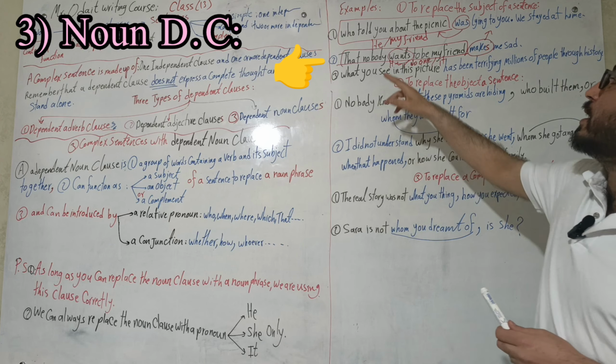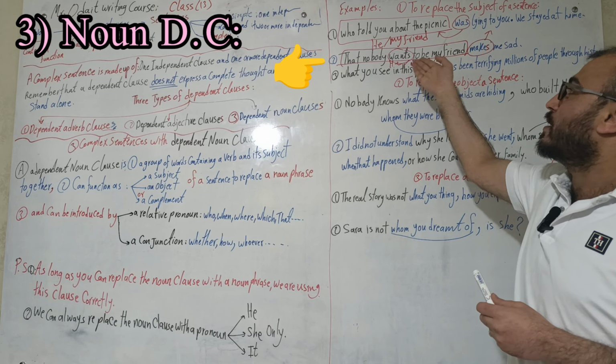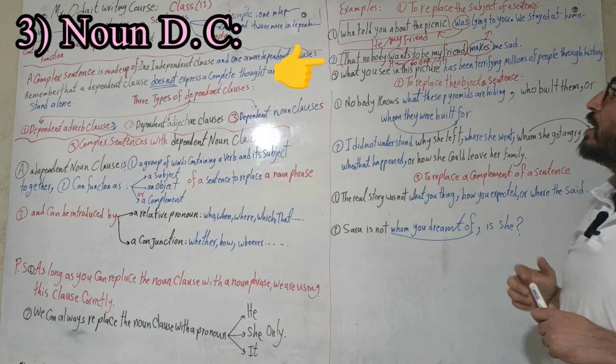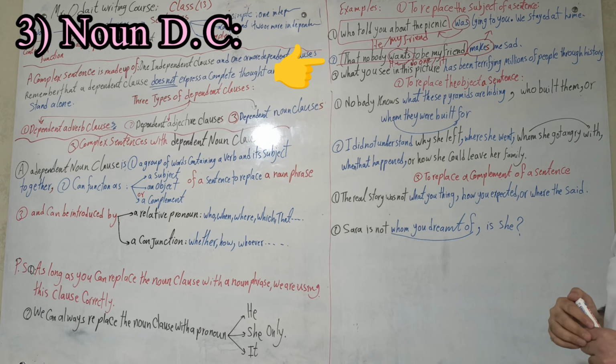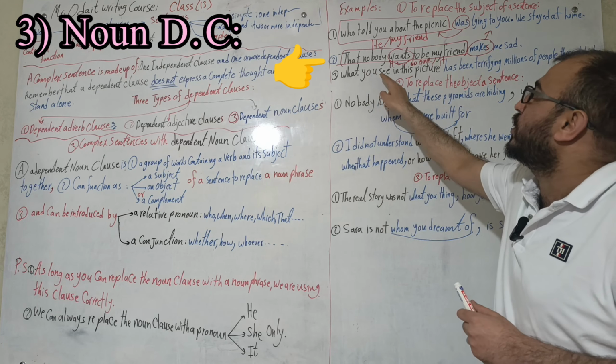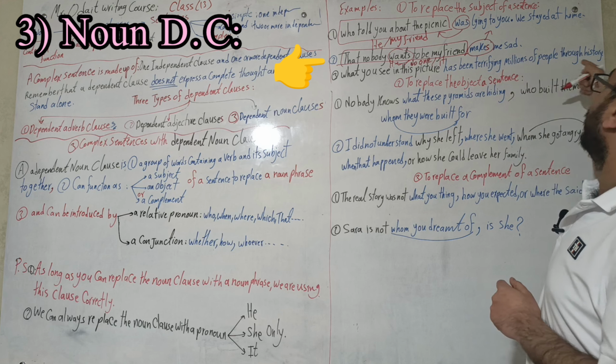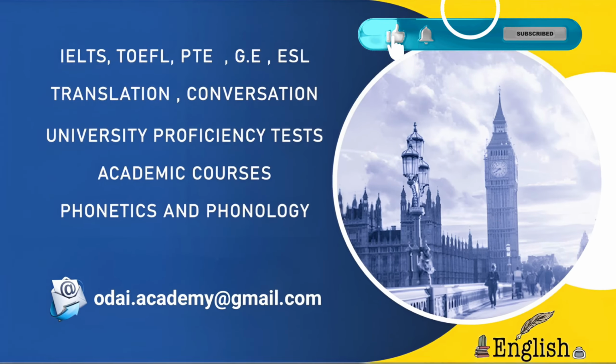As long as we can replace this noun clause with one of these phrases or pronouns, it is being used properly. And now, my friends, we take the third example: "What you see in this picture has been terrifying millions of people through history."